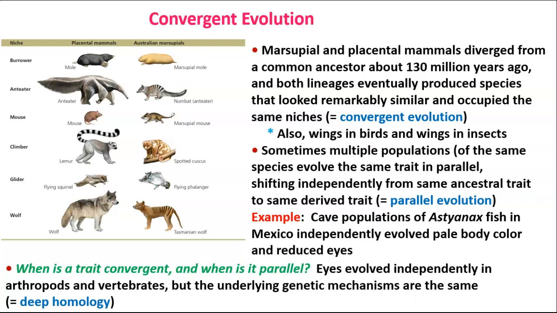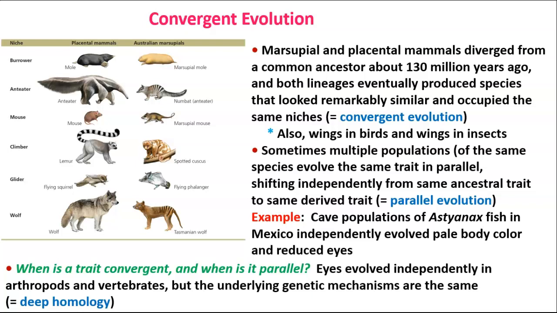In Mexico, independently evolved pale body color and reduced eyes, living in caves. So they're part of the same species, but they have these populations of independently invaded cave systems. And through that independent invasion of cave systems, those populations have evolved again parallel, pale body color and reduced eyes.